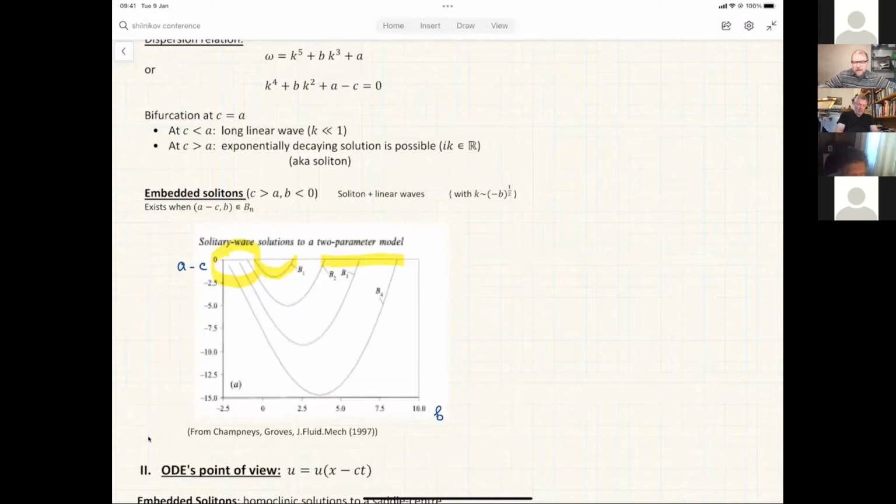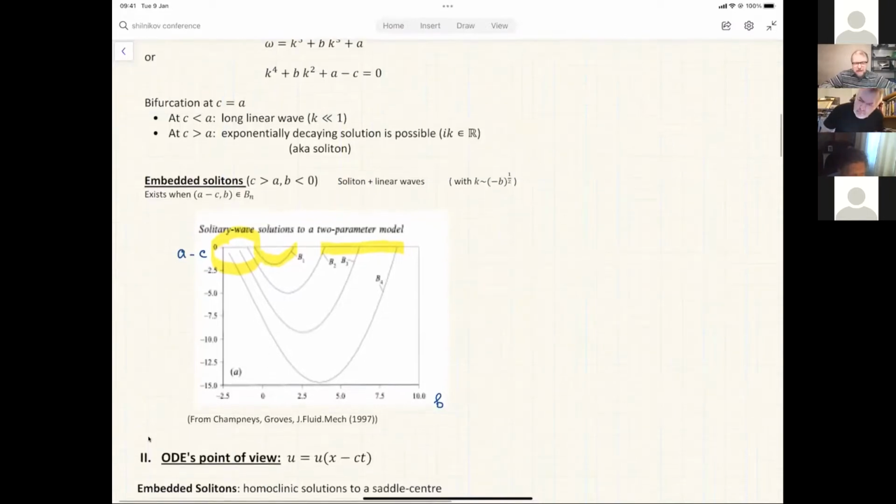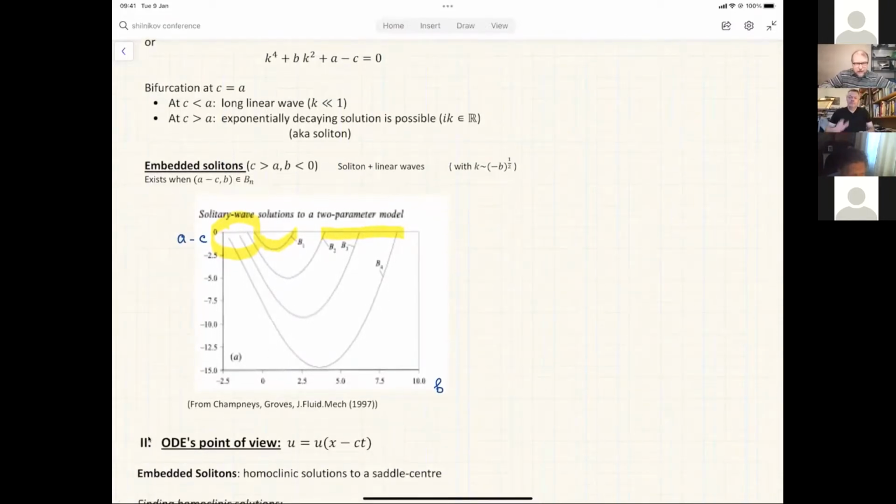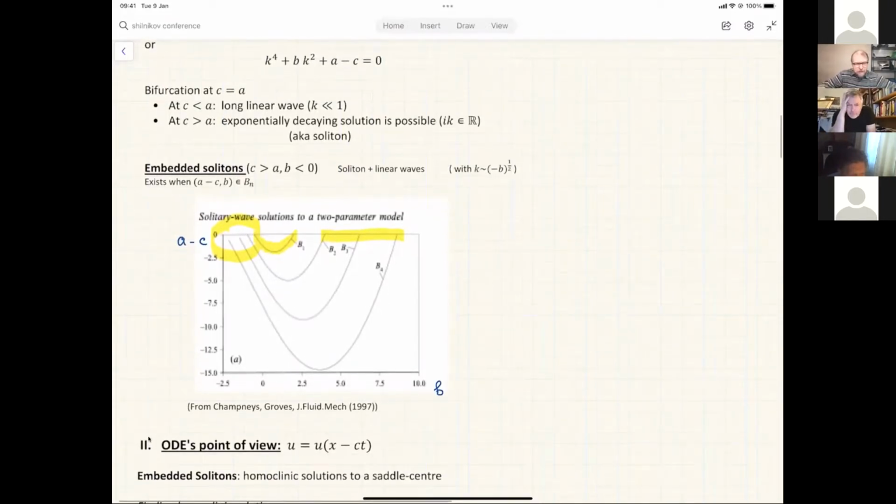So a function u depends on x minus ct, which means that we are looking for a solution of a partial differential equation which has constant shape, which moves with constant speed c. And from the ODE point of view, the function u now becomes a solution of an ordinary differential equation. And a soliton means a localized solution which converges both at plus infinity and minus infinity to 0.